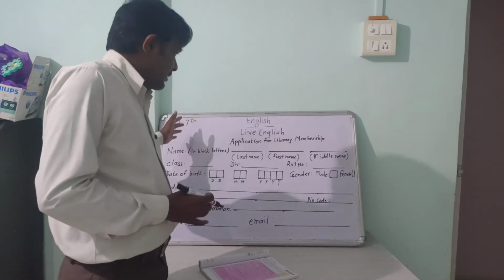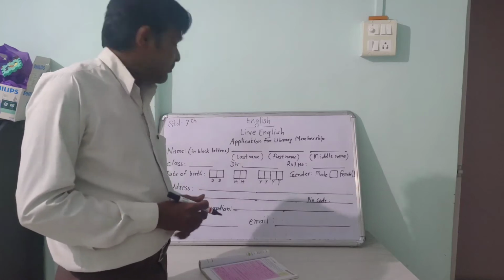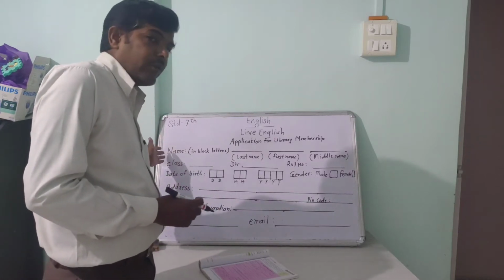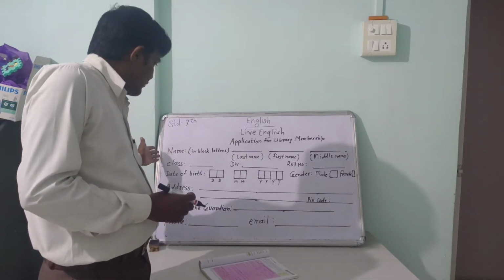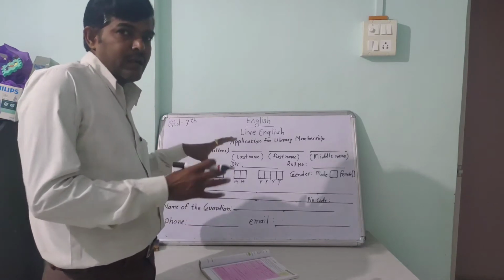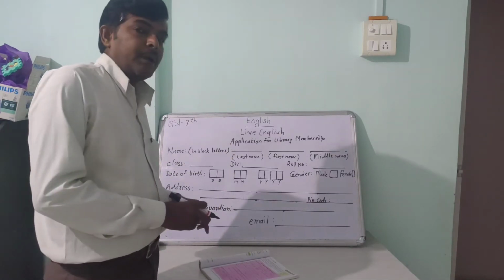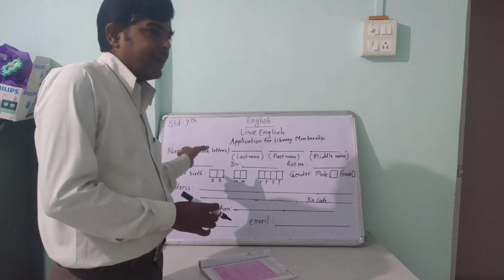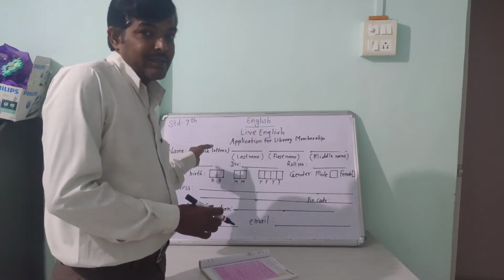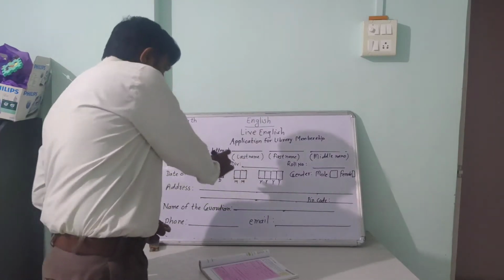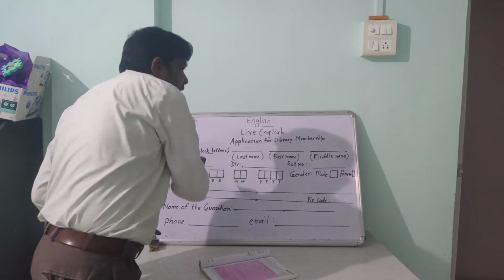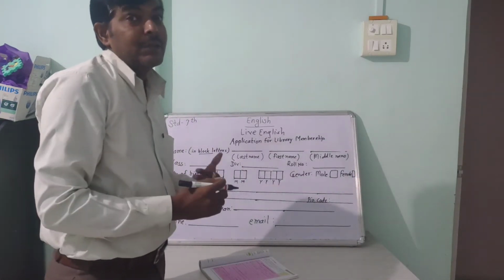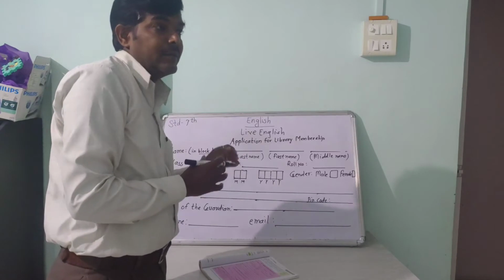When we see such an application form, first field is name. It is related to our name, but in brackets there are some instructions, and these instructions are very important. First of all, we see block letters. We must know the meaning of that instruction.